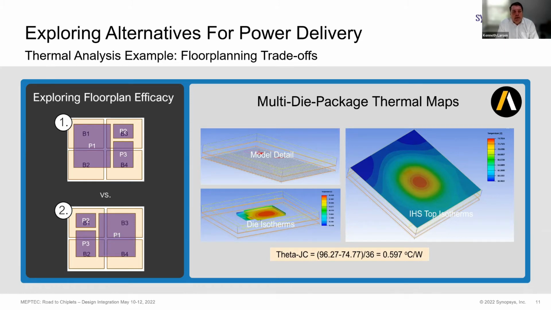And the question becomes, how do you place, first of all, these macros, and secondly, how do you stack these things together? What's the most effective way of doing that? And what kind of analysis is available? So we have a number of examples of these designs where you can make some informed decisions on how you want to partition up your design.